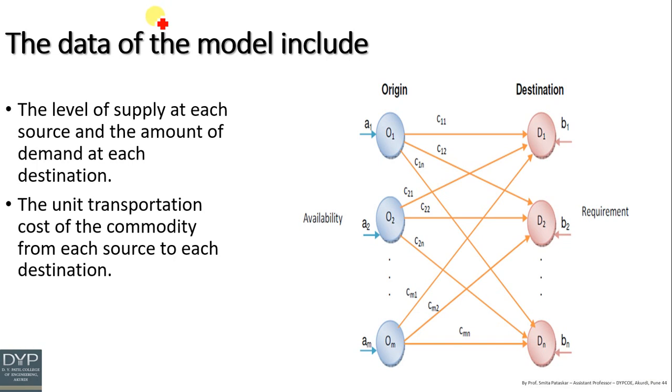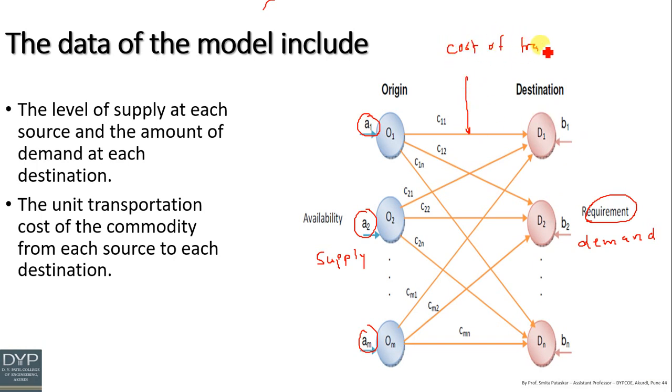So the data which we require, as we have seen, is the availability of the materials A1, A2, AM. This is called the supply, and at the destinations there will be the requirement, so it is the demand. And also we will require the cost of transportation from each supply or each origin to the destinations.